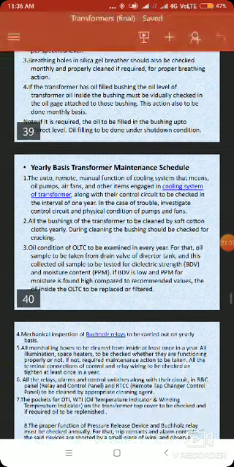Oil condition of the OLTC is to be examined every year. For that, an oil sample is to be taken from the drain valve of the diverter tank. We maintain a different tank for the OLTC and a different tank for the transformer. This is done because the OLTC has a number of operations, so the oil gets contaminated.